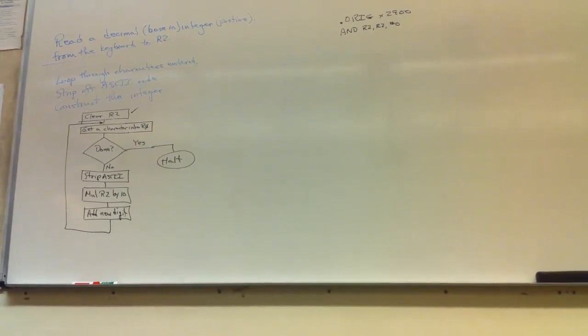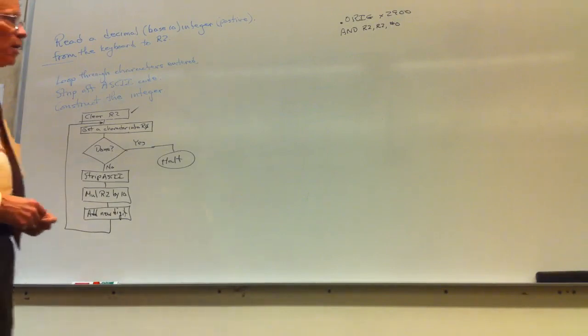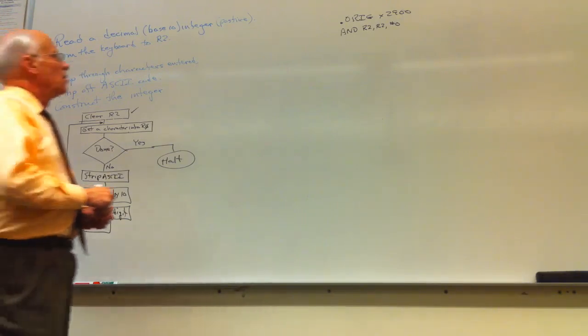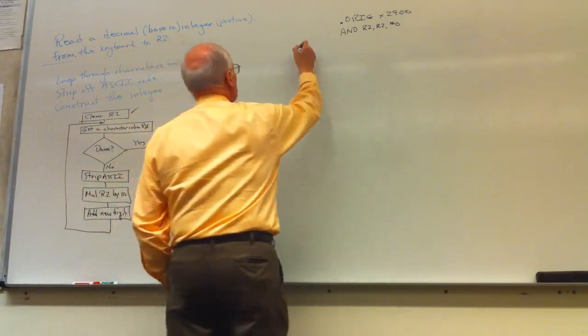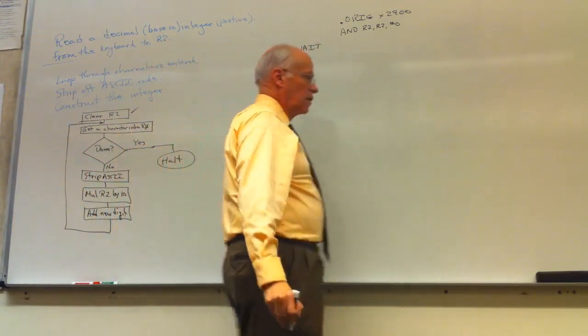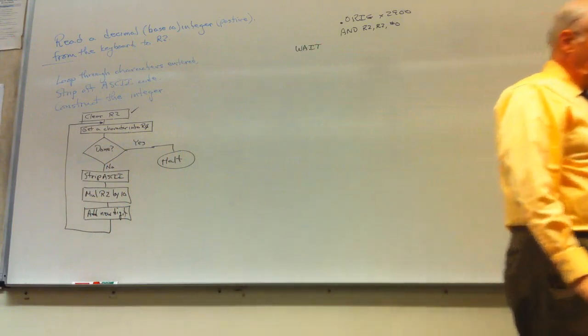Now, you recall that getting a character, what we have to do here is wait on the keyboard until the slowpoke human out there actually presses a key. So we do this with a loop here. We'll just call it wait.